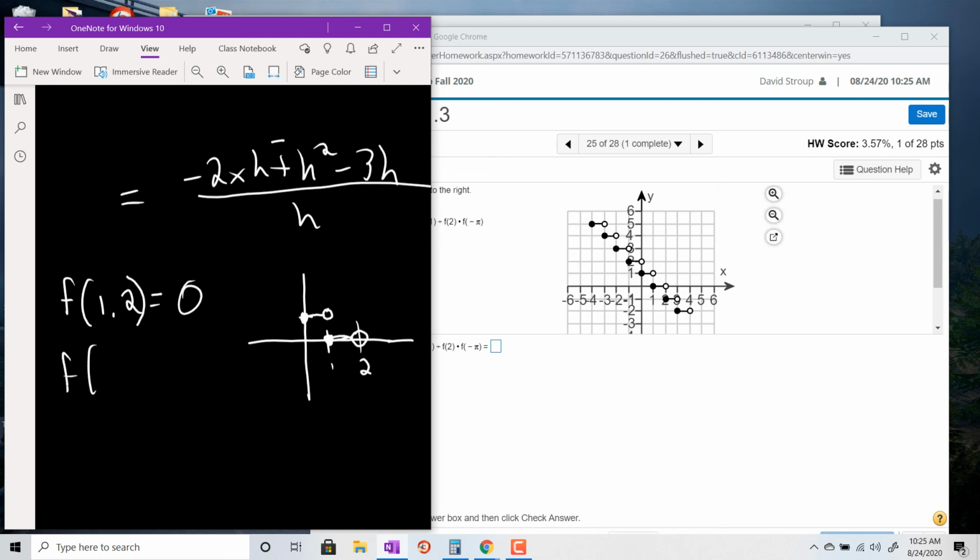F of 0.5. Maybe I can get my different pen going. 0.5 is right here, in blue. If you look up on the graph, that's located at 1. So f of 0.5 is 1.